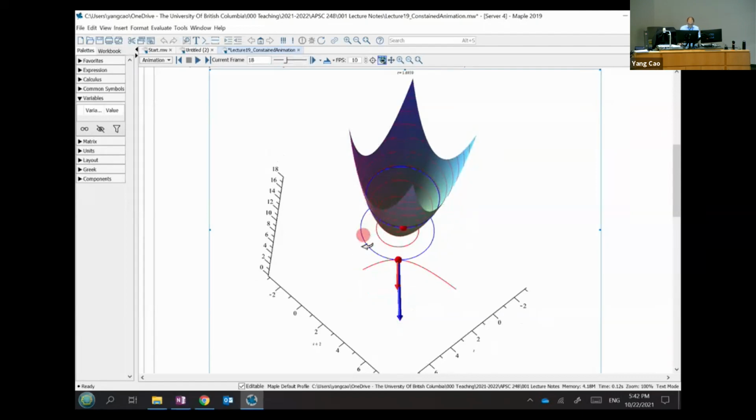That's another fact for the constraint type of problem: when you reach a critical location, the two level curves, one from the surface, the cost function, and the other the constraint, are tangent to each other.